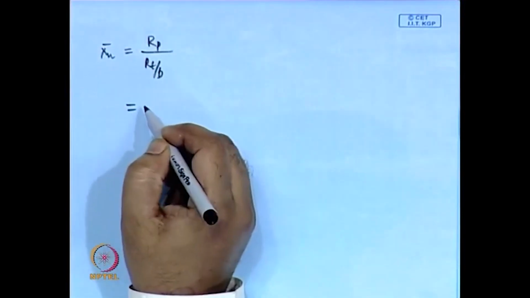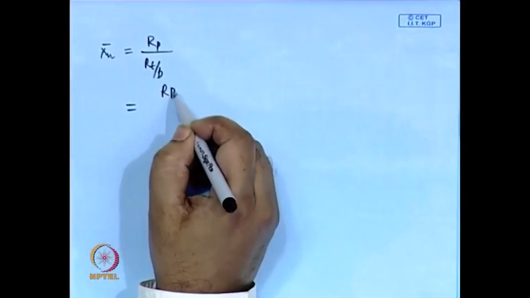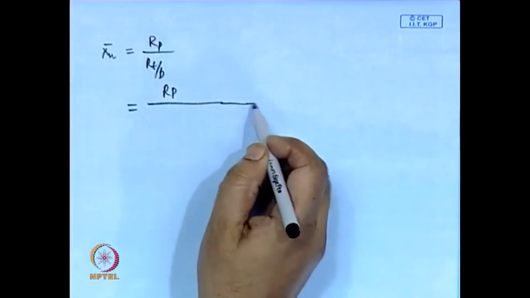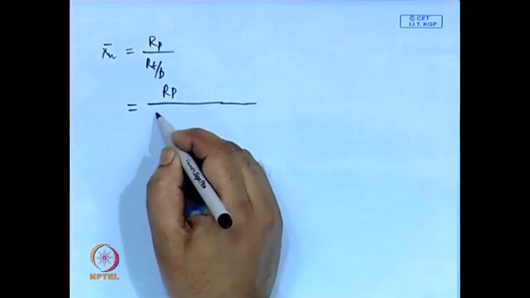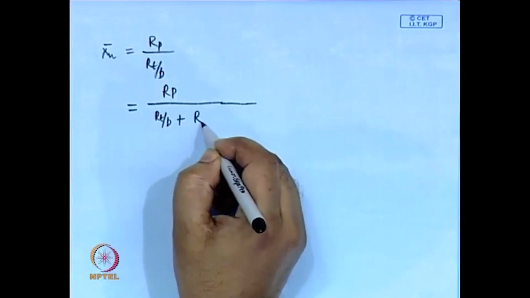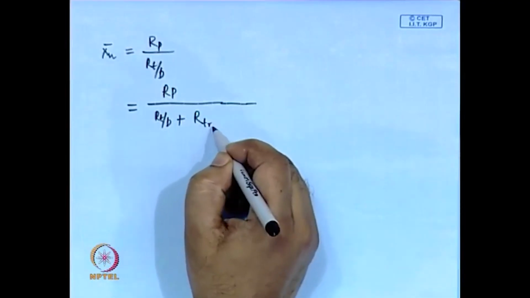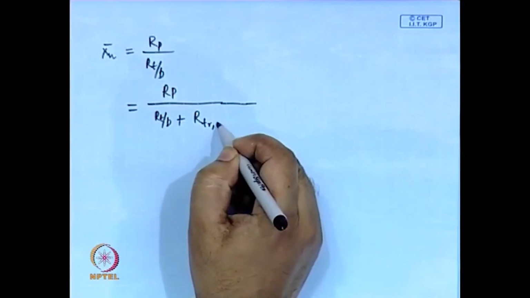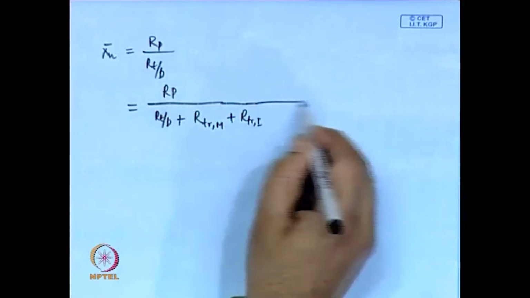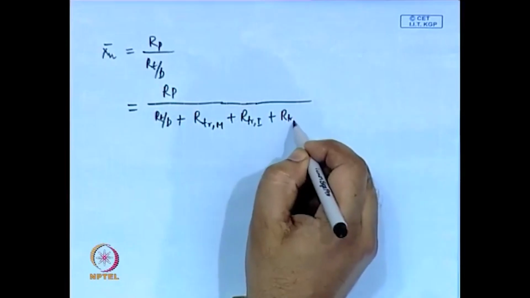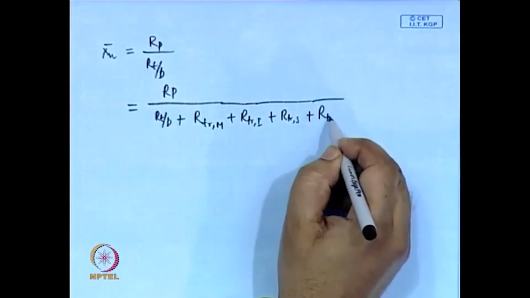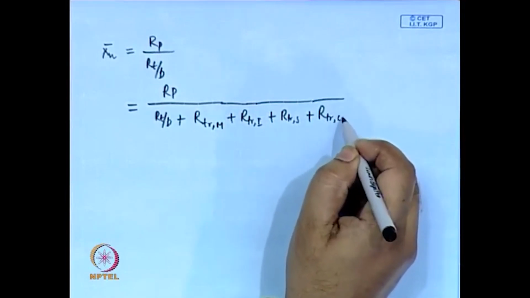So, if we talk about transfer reaction, we have to include the other reactions by which termination takes place, which are the rate of transfer by the monomer, rate of transfer by initiator, rate of transfer by solvent, or rate of transfer by the CTA, chain transfer agent.